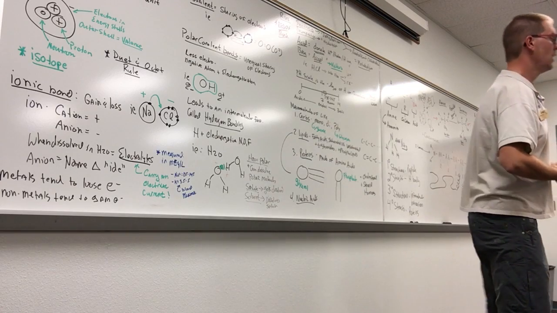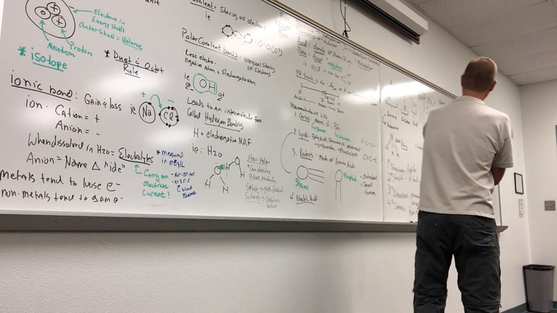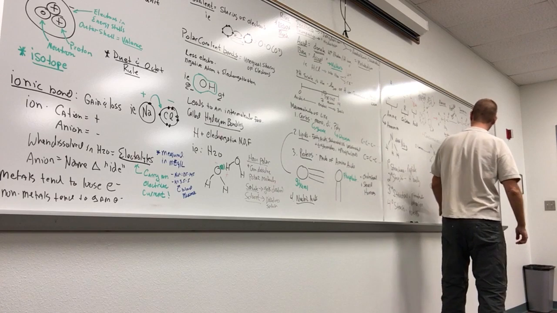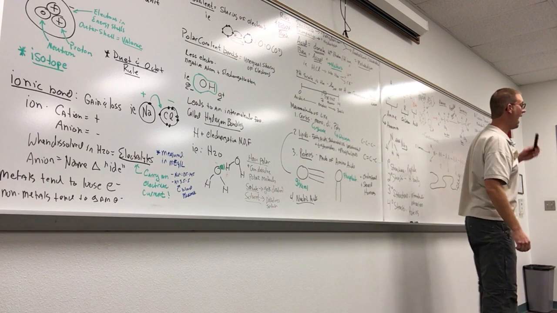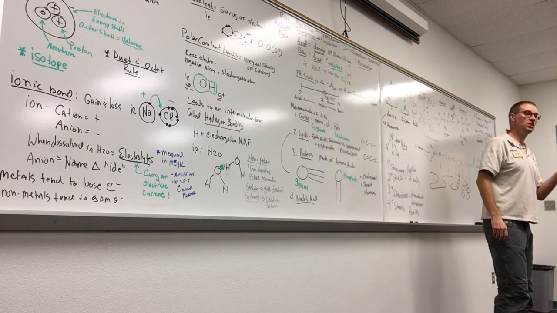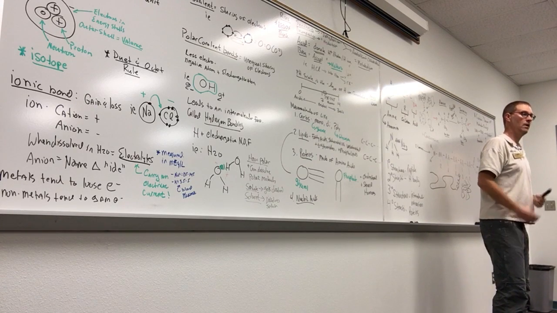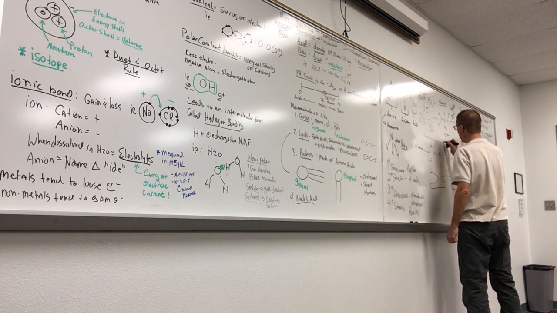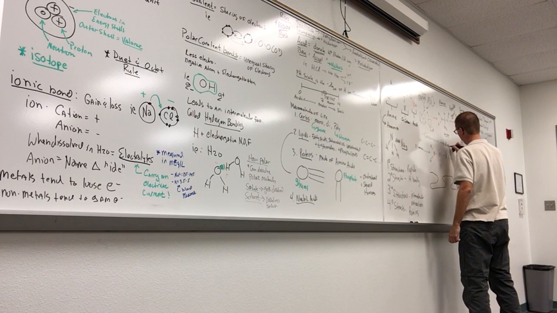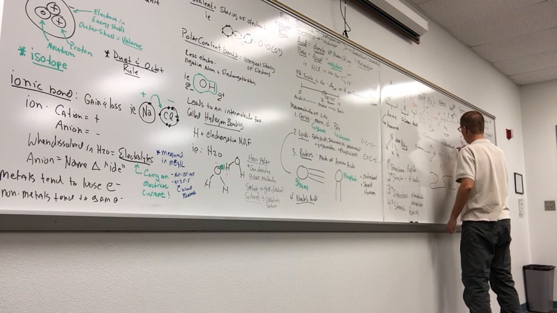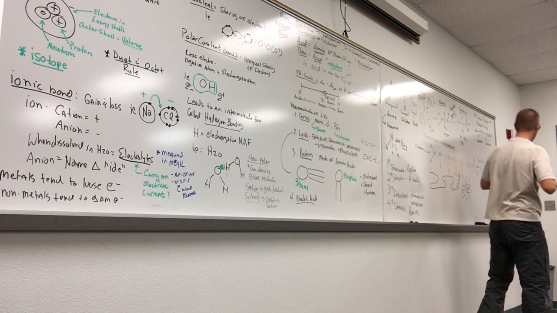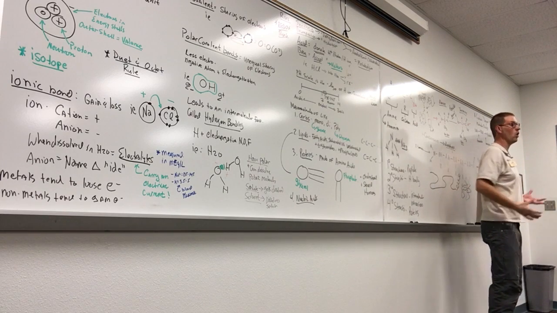But if something were to occur to change the protein shape in a way that would prevent it from functioning, that is what we call denature. When we denature proteins, we change their shape in a way where they can no longer function.